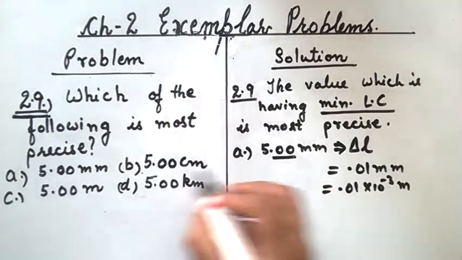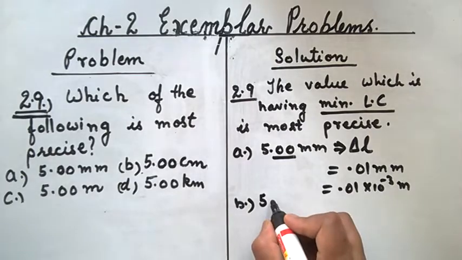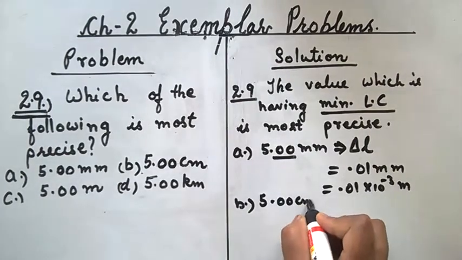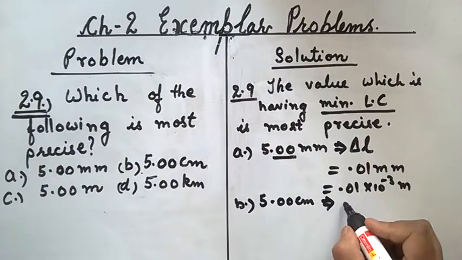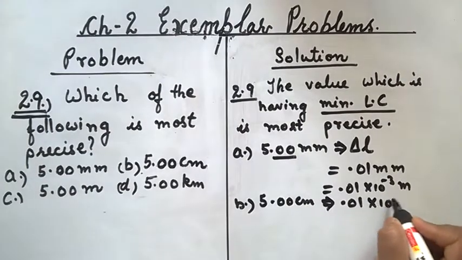Similarly, least count of 5.00 centimeter is 0.01 into 10 raised to the power minus 2 meter.